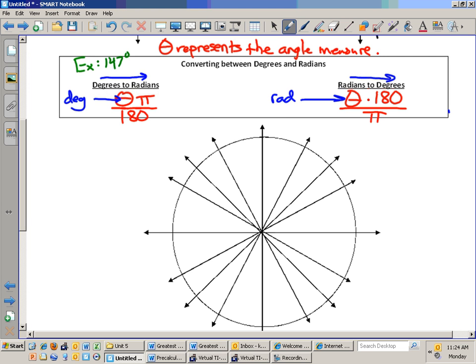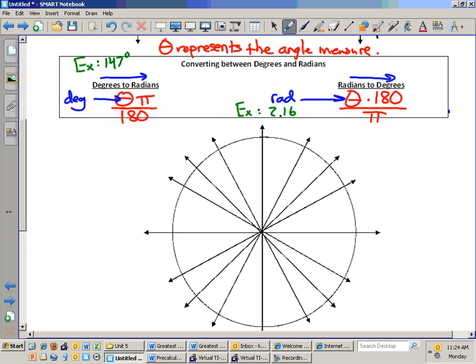If you're expressing something in radians, you might see something like 2.16 radians. There is a mark above the degrees. There is no mark above the radians. That's how we could tell what the book is referring to. If it describes an angle measure, it must be degrees or radians, and that's how you would tell the difference.